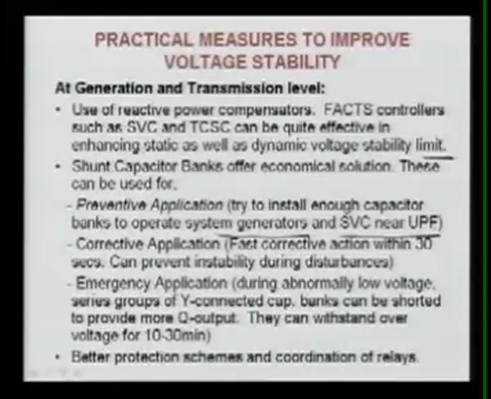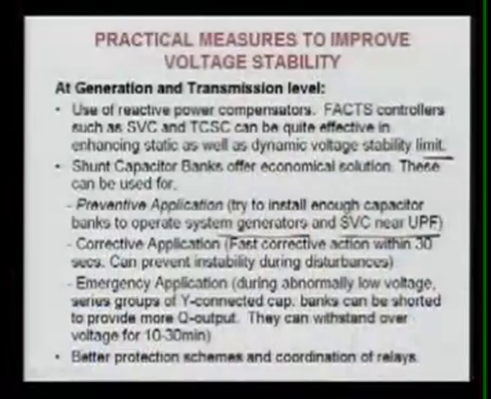So that is called the corrective action. In the preventive application, you have already put in enough capacitors so that your generators and SVCs are operating near unity power factor, so that whenever there is a disturbance, they have more margin and can take care of the disturbances. So that is the preventive.